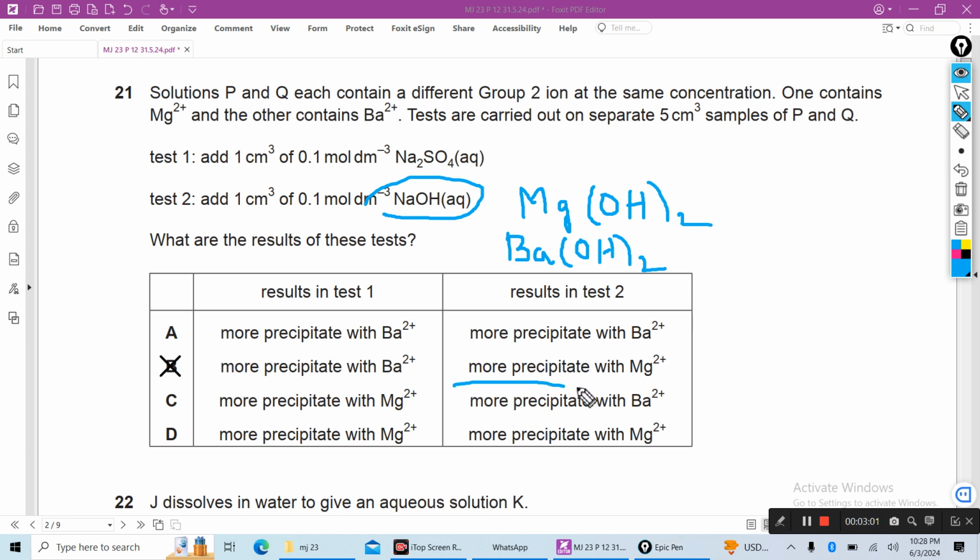So more precipitate with magnesium ion, because magnesium hydroxide is insoluble but barium hydroxide is soluble, so magnesium hydroxide will give more precipitate. And you know, group 2 hydroxide solubility increases down the group. Barium hydroxide gives no precipitate, but magnesium hydroxide gives precipitate. B is the right answer.